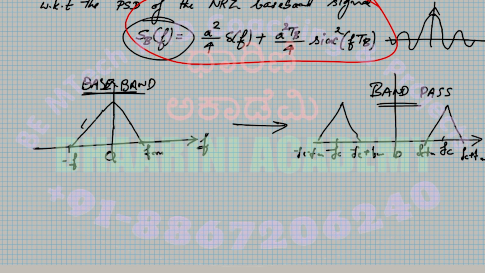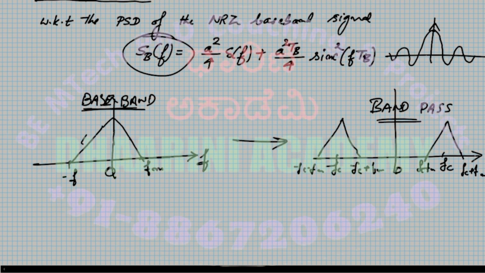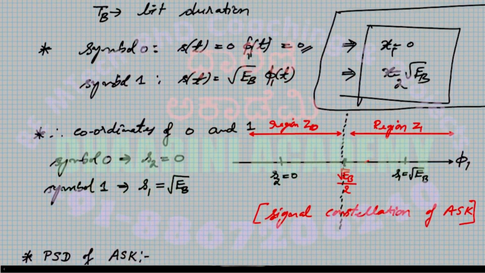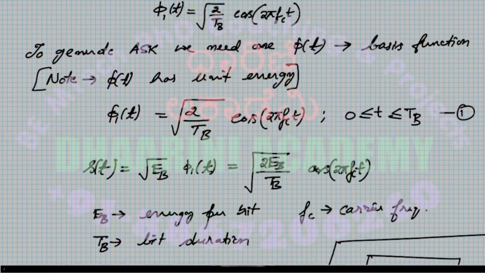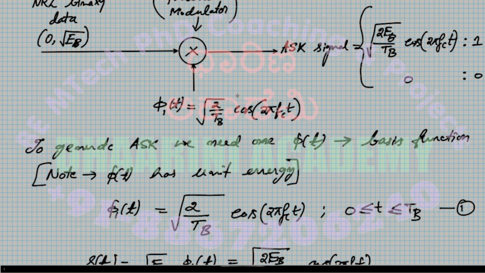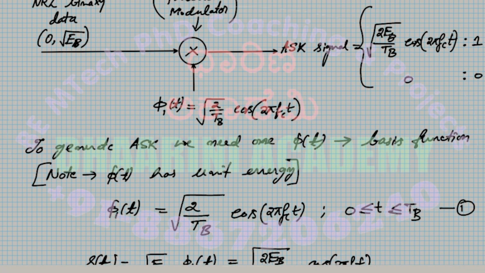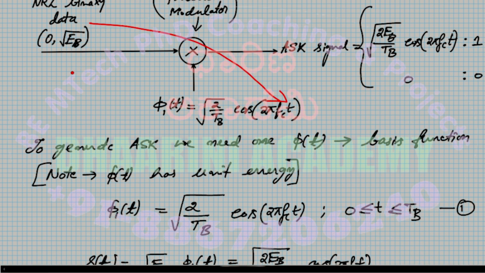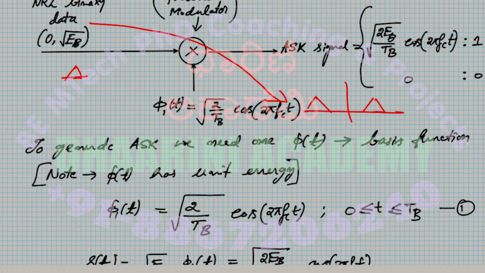But in the block diagram representation, we saw there is a high frequency component represented by phi 1 of t that has a frequency fc. So my low frequency signal will be moved onto this location. If I represent this as a triangular waveform, this becomes two triangles centered at fc. Ultimately, that's what I'm doing by using the product modulator. Is it okay up to here?